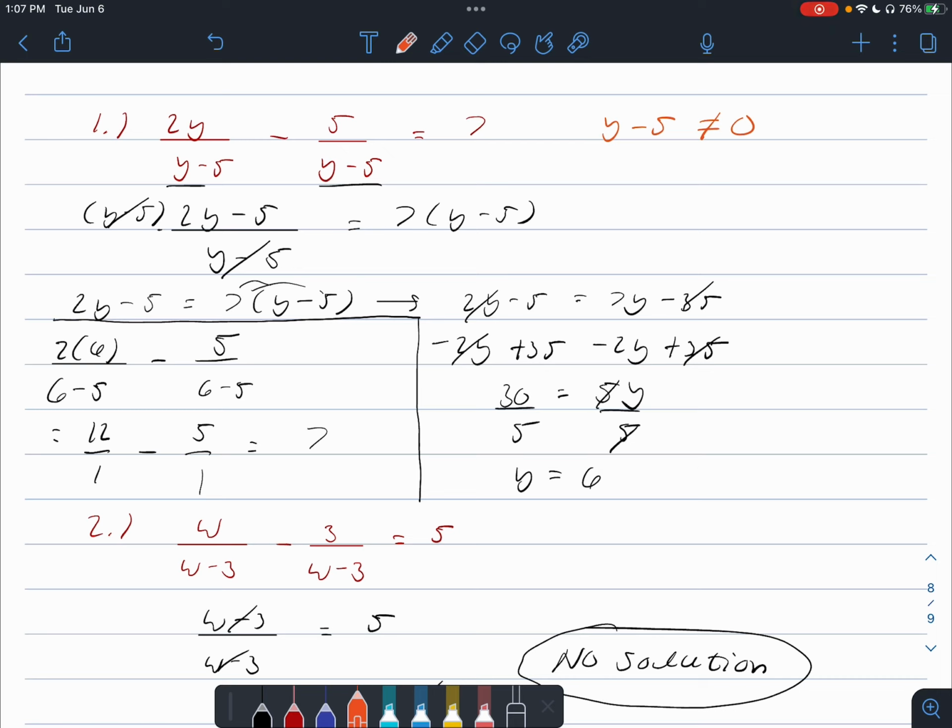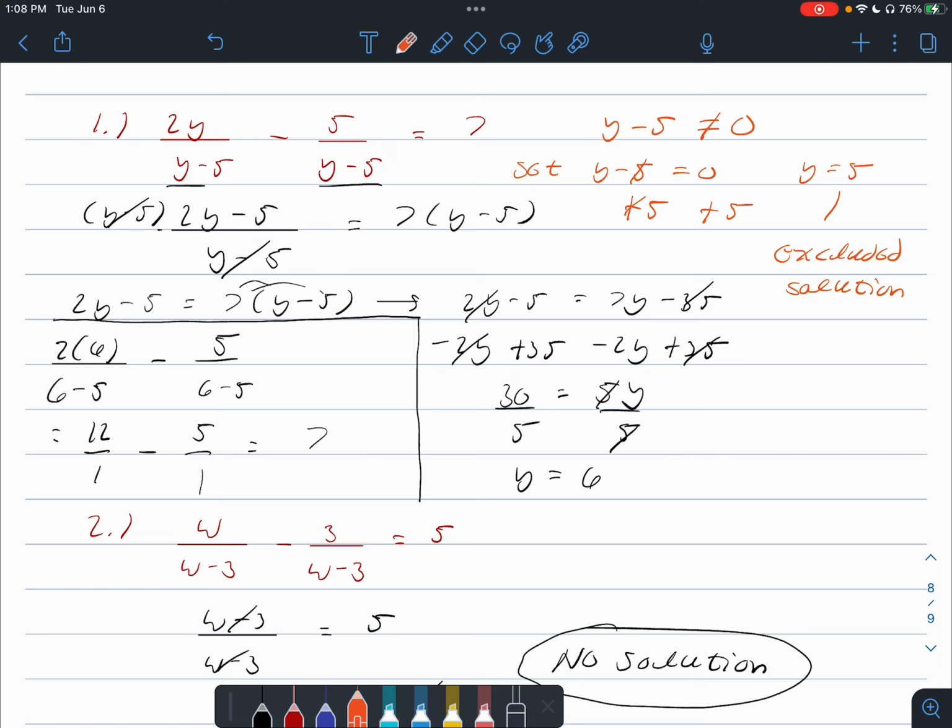To figure this out, let's just set y minus 5 equal to 0, add 5 to both sides, and we get y equals 5. This is what we call an excluded solution. So let's say you had gone through all of this work and you'd ended up with y equals 5. You would know that that cannot be an actual solution here.